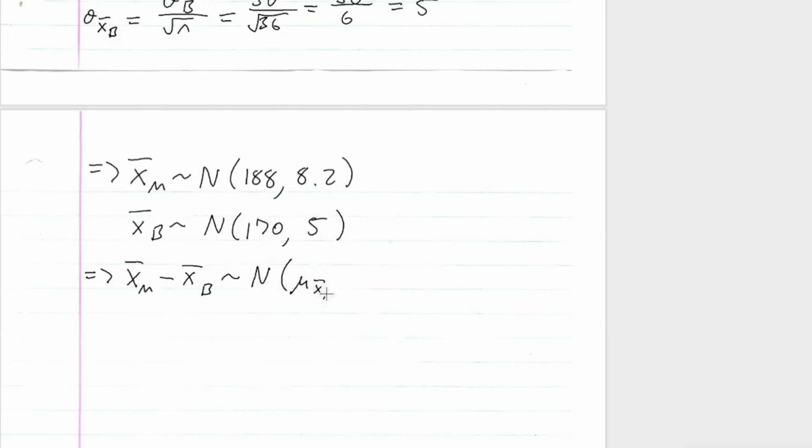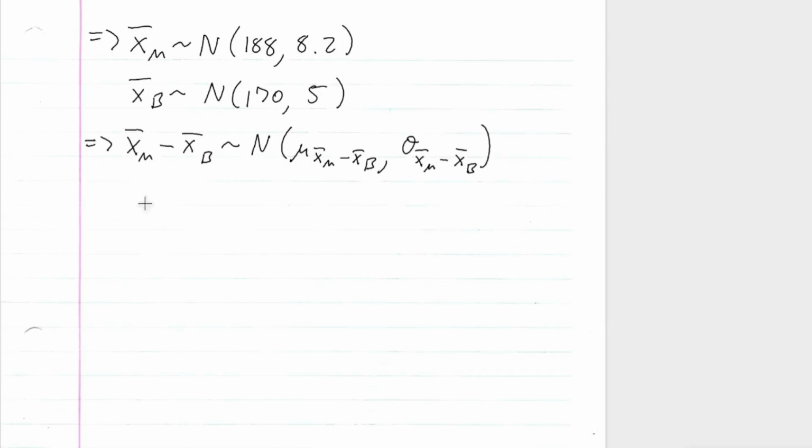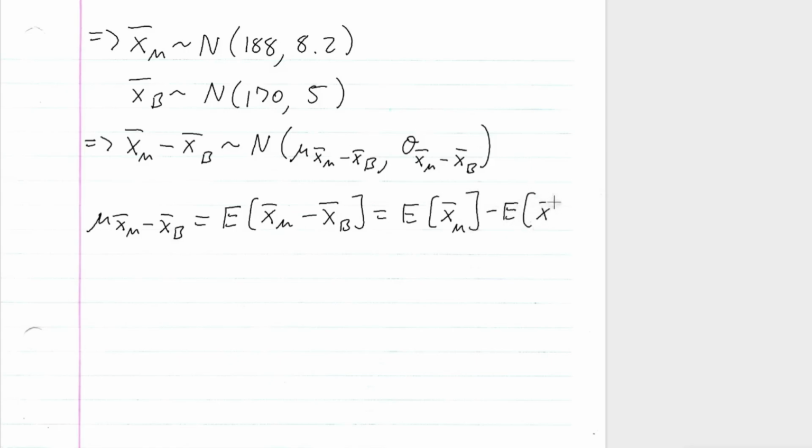The mean of x bar m minus x bar b is the expected value of x bar m minus the expected value of x bar b, which is 188 minus 170, which is equal to 18.